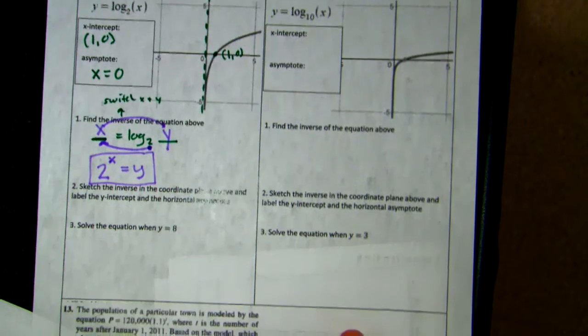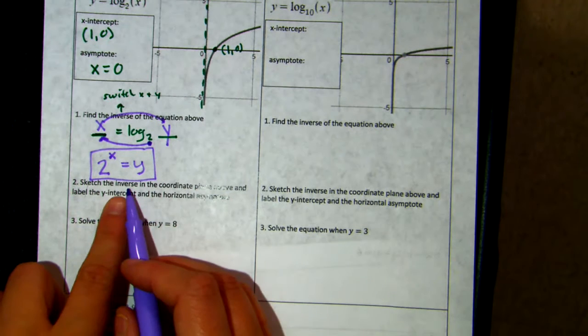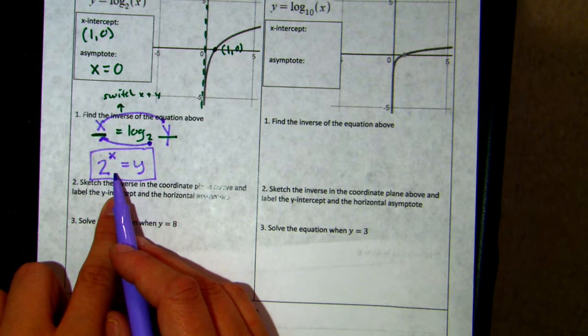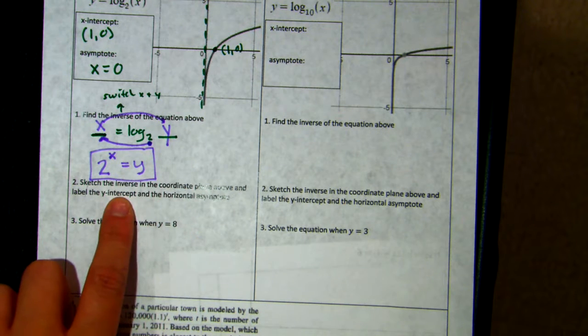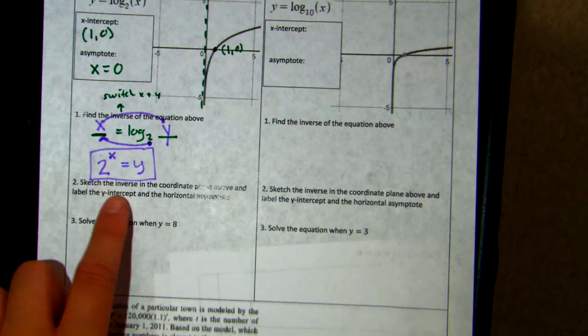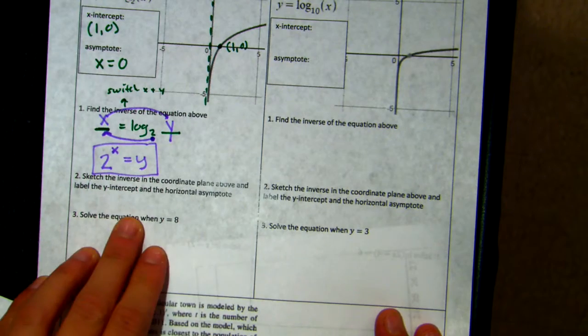Next, it says sketch the inverse in the coordinate plane above and label the y-intercept and the horizontal asymptote. Well, I know that the inverse is this function, so if I wanted to, I could go to desmos.com/calculator and graph it from there, or I can think about what I know about inverses.